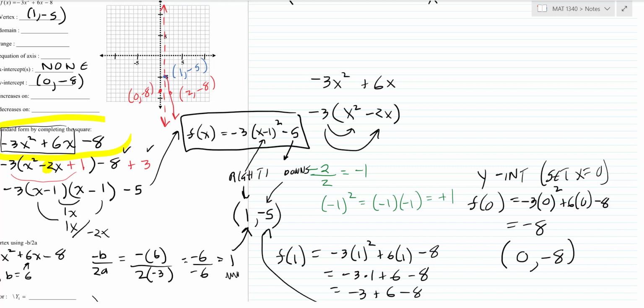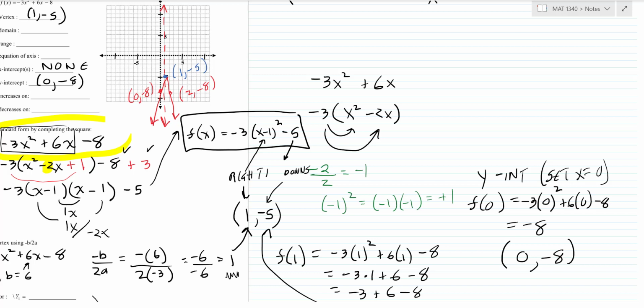Then you can figure out one more point on there. So that's what your graph looks like. Again, does everybody see I have (0, -8)? That means that I'm 1 to the left of the vertex, so I need to go 1 to the right of the vertex to get that point on the other side of the symmetry line.